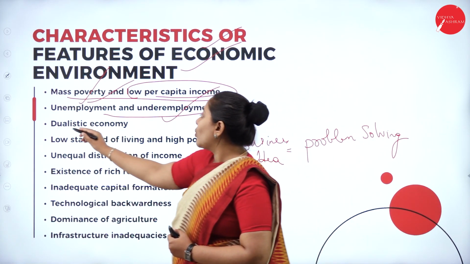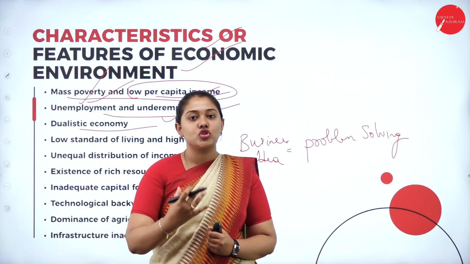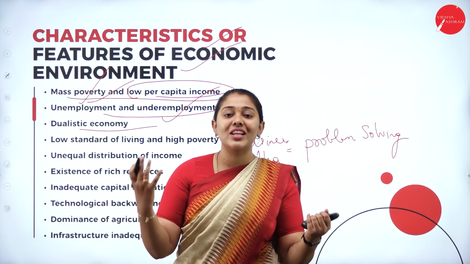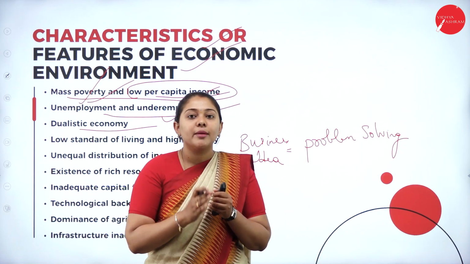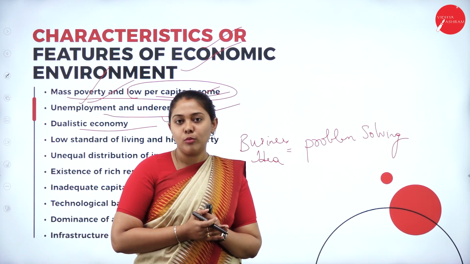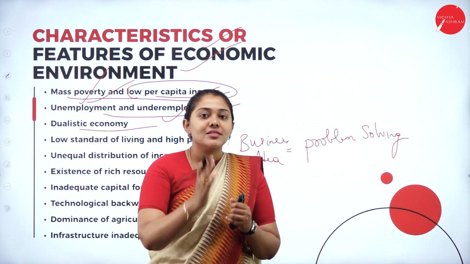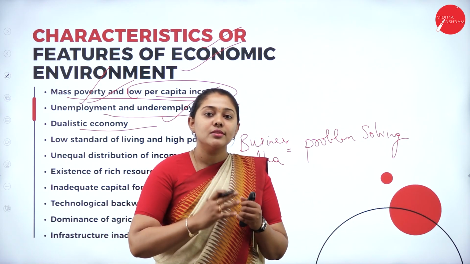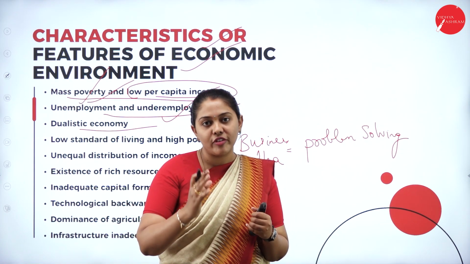The second is the dualistic economy. Our economy is a mixture of traditional economy as well as modern economy. We are a combination of both. Agriculture is still our backbone, and we still depend on it. Since we depend on the agriculture sector, some use traditional thinking and traditional methodology of agriculture.